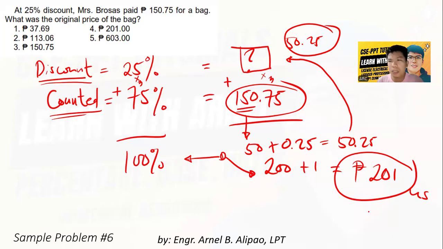So when it says 25% discount, meaning to say the amount that has been counted is only 75%. If the discount is 40%, the amount counted is 60%, right? I hope it's clear. If you have questions, do not think twice to comment. Let's proceed.